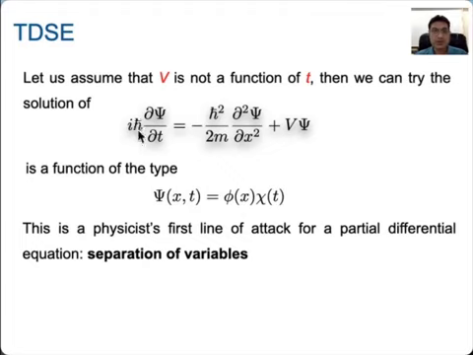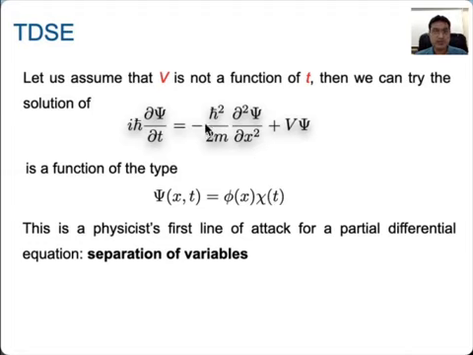So what you will get on the left hand side when you substitute here: this is a differentiation with respect to time, so the spatial coordinate will be unaffected. We will get i h cross phi of x d chi over dt. And the right hand side is a differential equation with respect to position, so the time part will be unaffected.